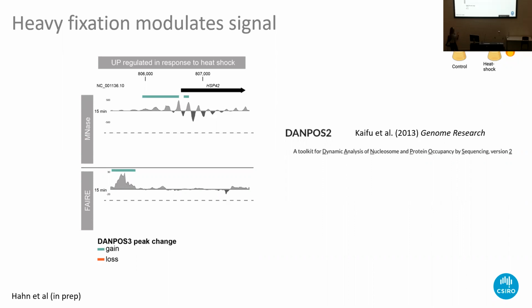You have different heights of those undulating peaks, and DANPOS goes in and says, this is where they're significantly different. So in MNase, you have a significantly enriched region upstream of a heat shock protein. In FAIRE, the distance of that open region is variable, but what you see again is enrichment.